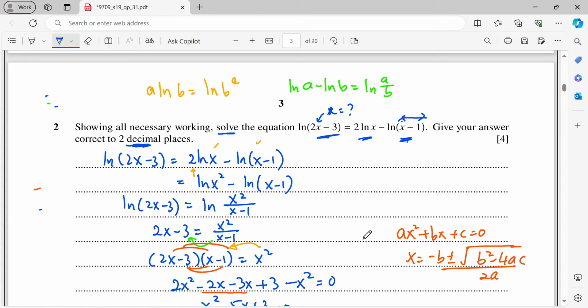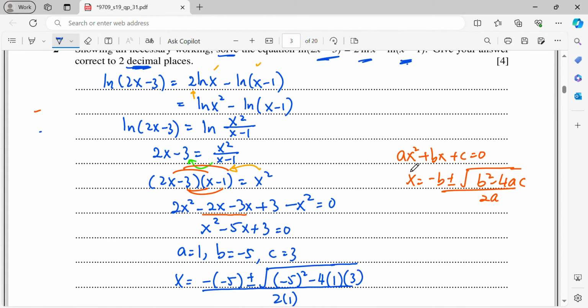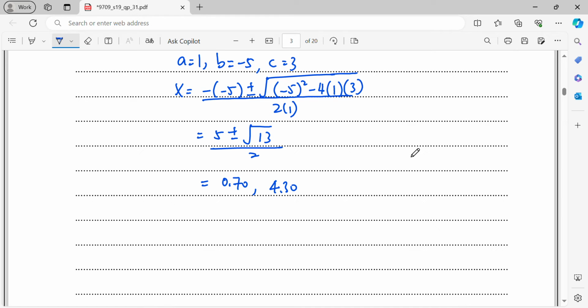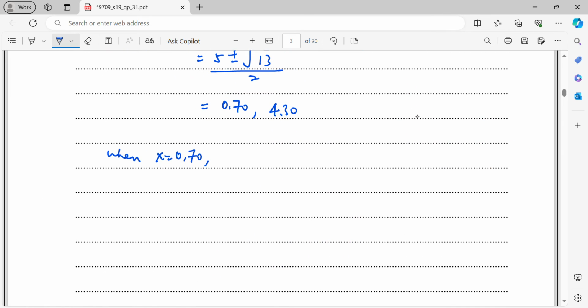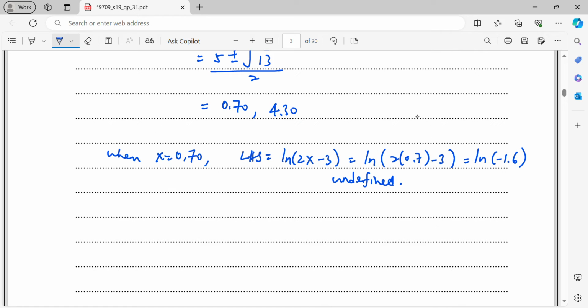So when x equals 0.7, for this equation, ln 2x minus 3 on the left hand side, so this is going to be ln of 2 times 0.7 minus 3. This is a negative value, right? 1.4 minus 3 is actually negative 1.6. So this is undefined, so ln cannot be negative.